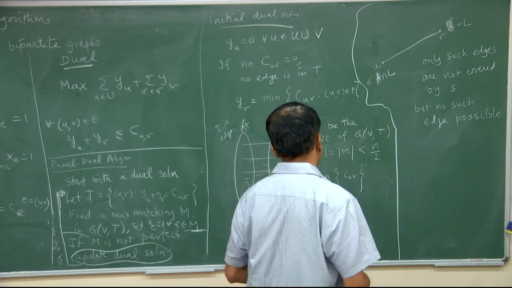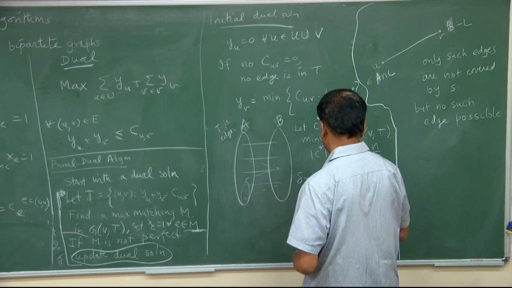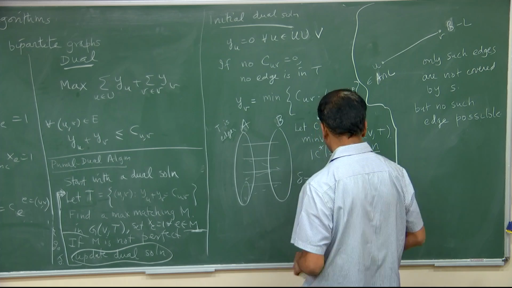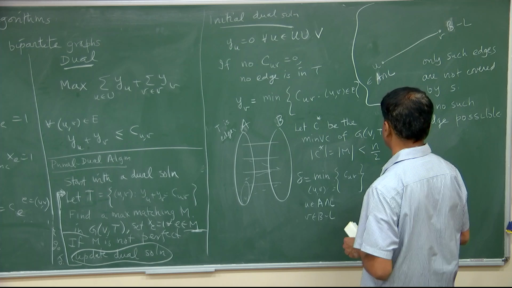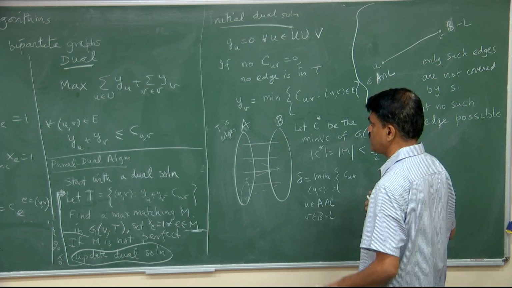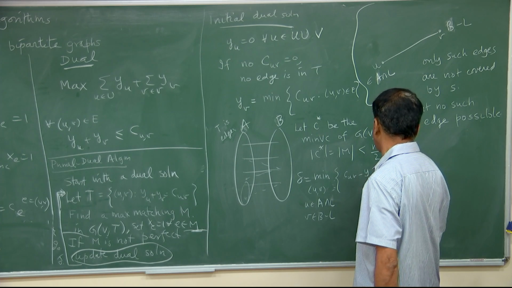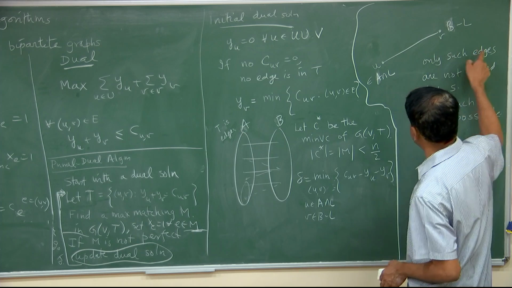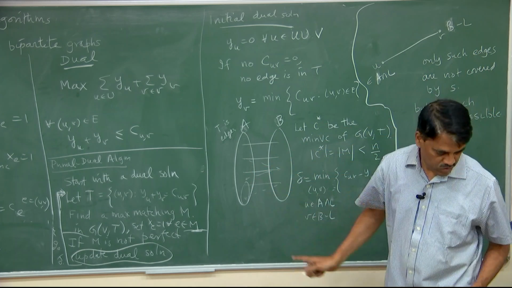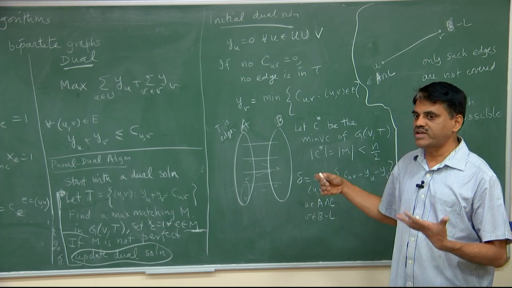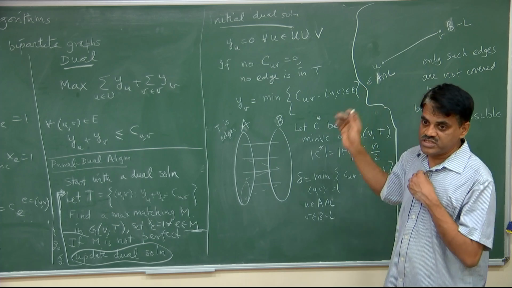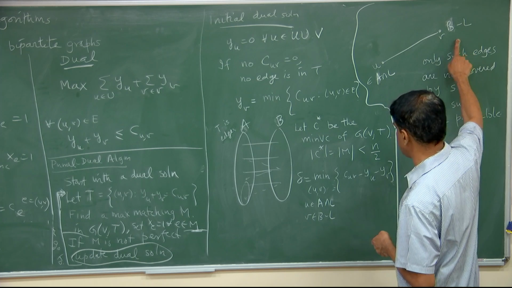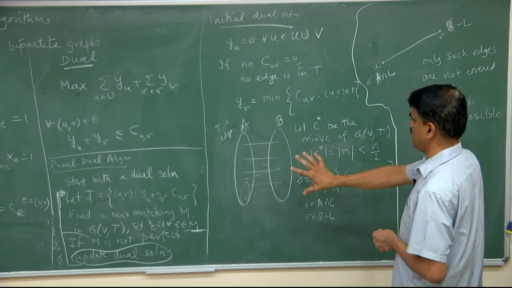Oh no, actually no. c_UV. So there is no such edge in T. That's what we know. That means that such edges are not tight, but such edges are there in the original graph, right? There is no such edge from A intersection L to B minus L in tight edges.